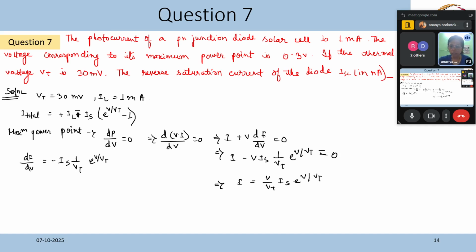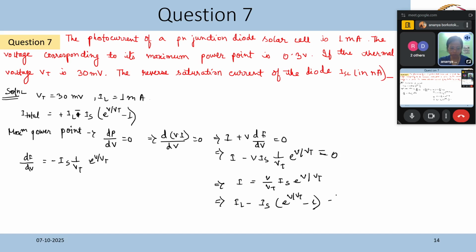This is my I. Again my I is actually this, so you can write it here: IL minus IS exponential V by Vt minus 1.